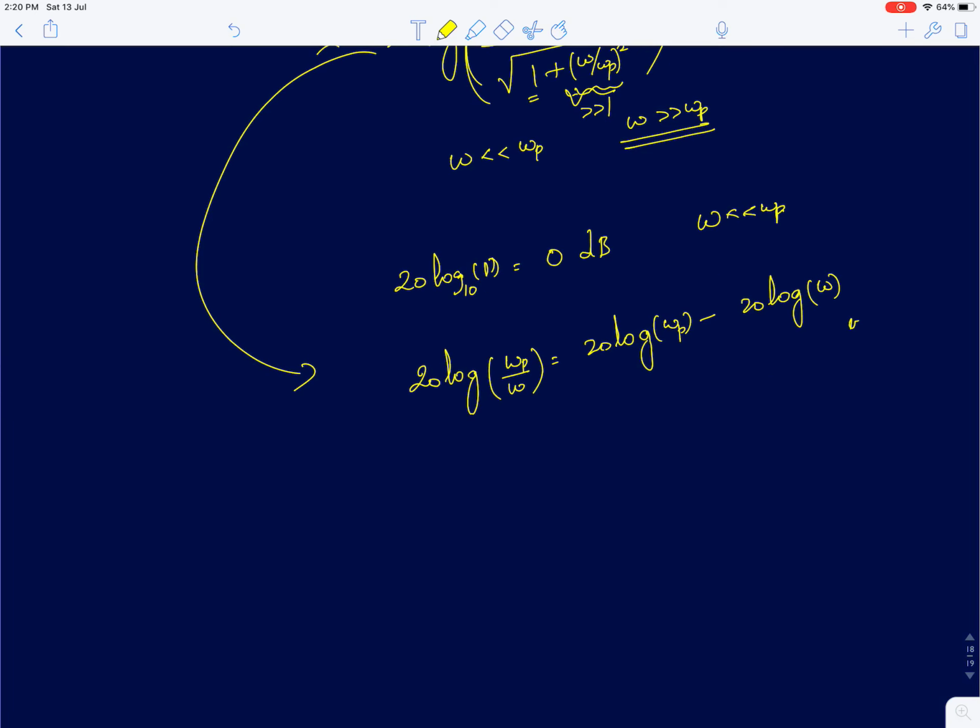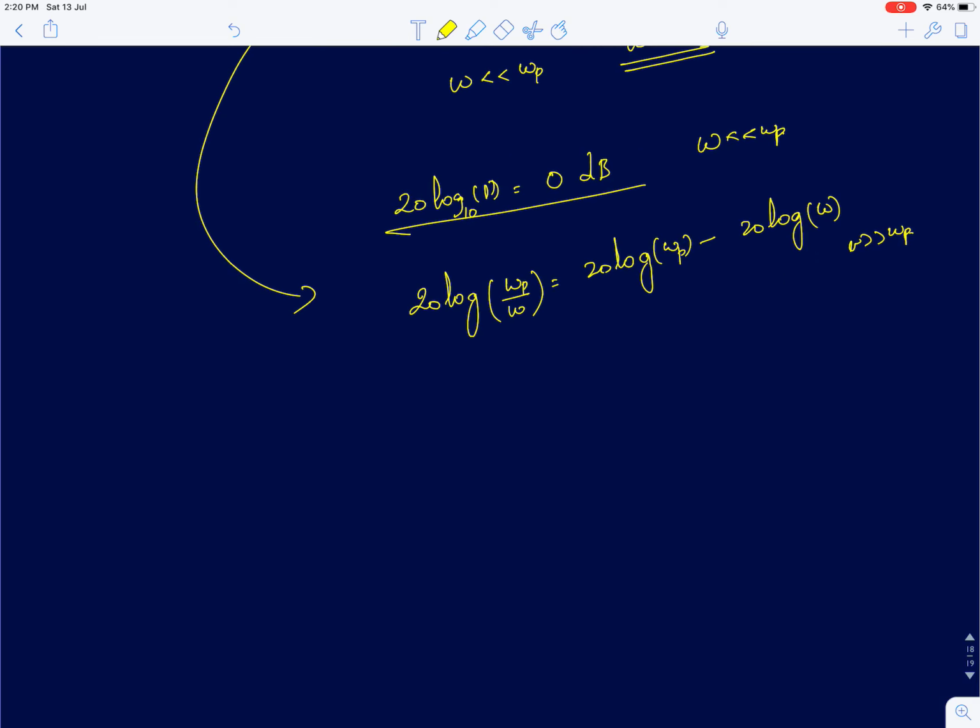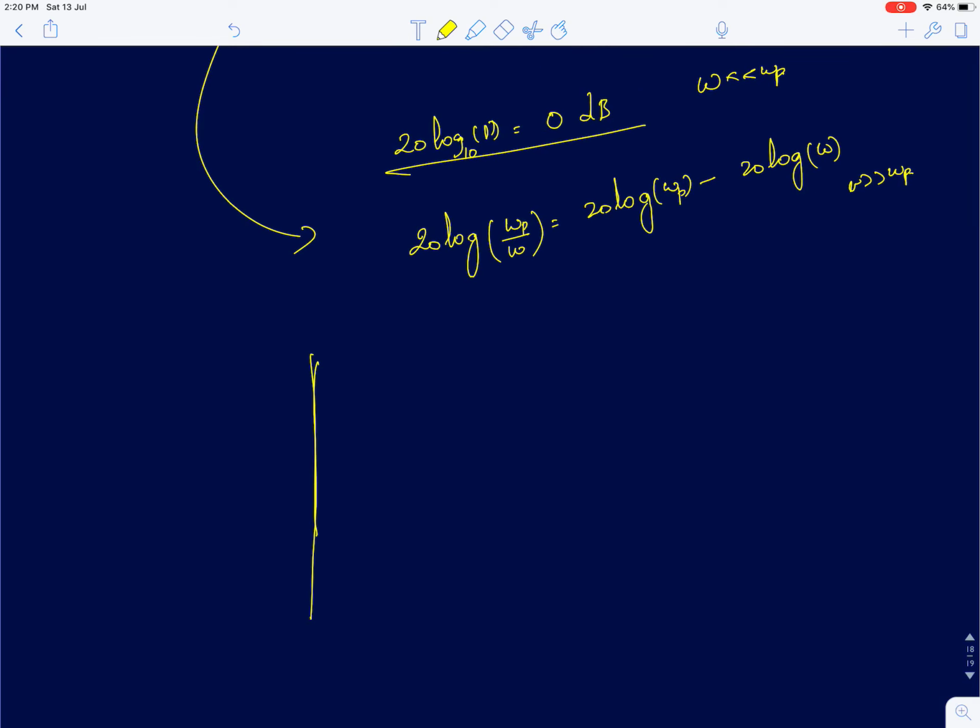This is for omega much greater than omega p. We'll try to plot both these functions. First, let me plot this function as a function of frequency, using a dotted line in a different color.